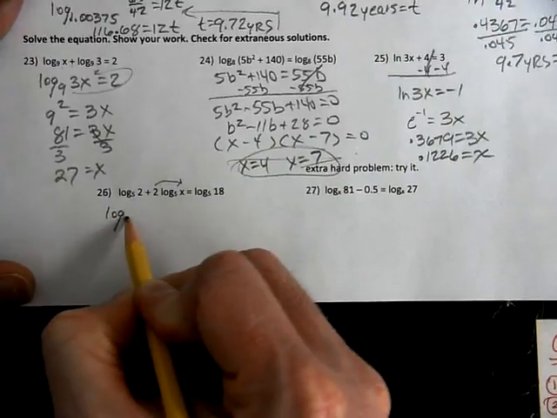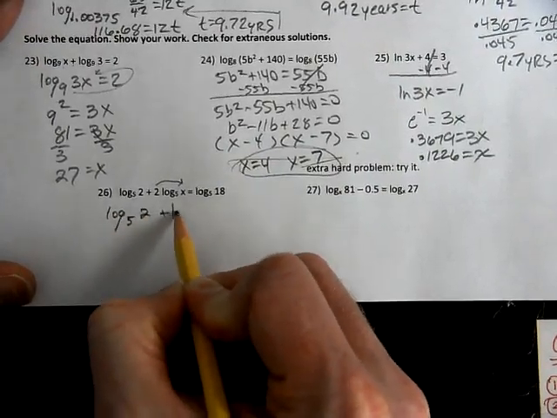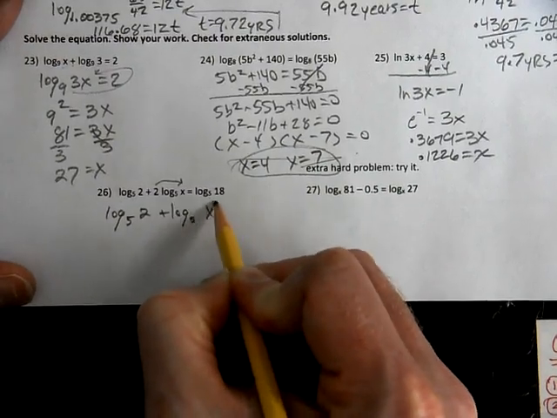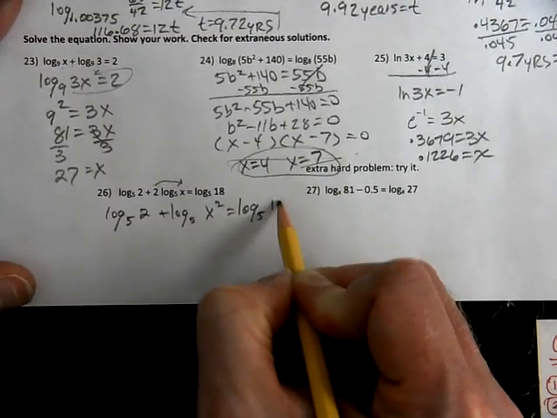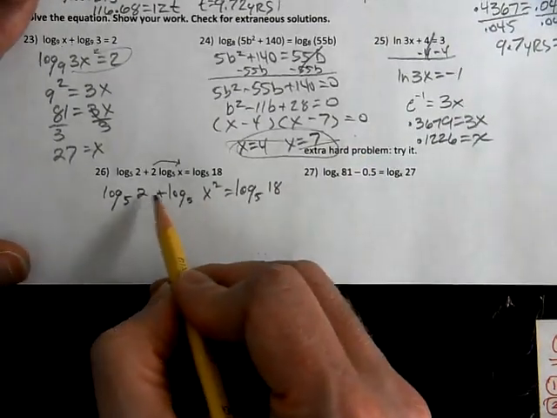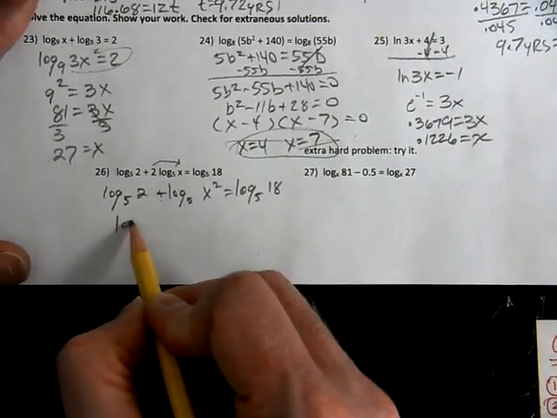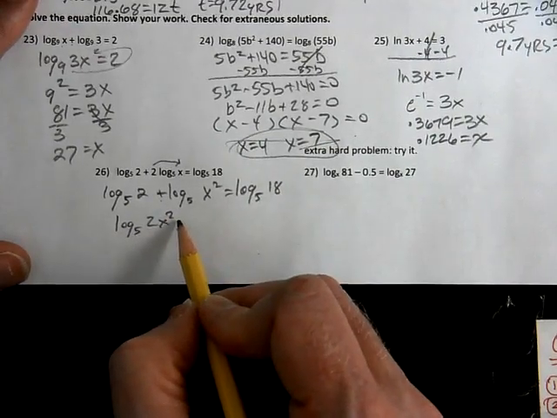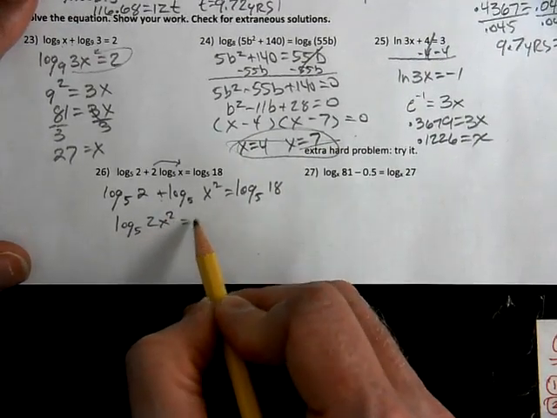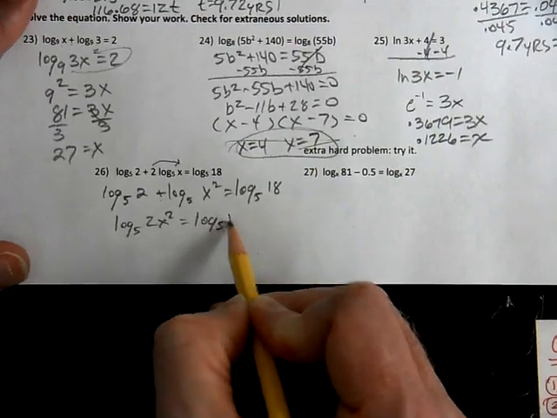So we have log base 5 of 2 plus log base 5 of x squared equaling log base 5 of 18. Adding means multiply, so I have log base 5 of 2x squared equals log base 5 of 18.